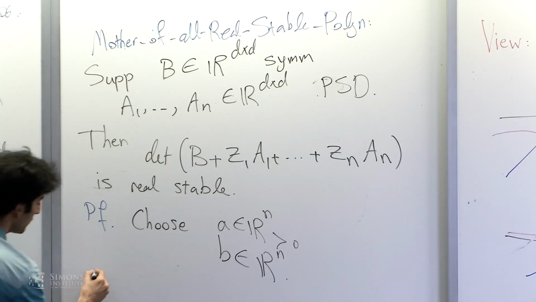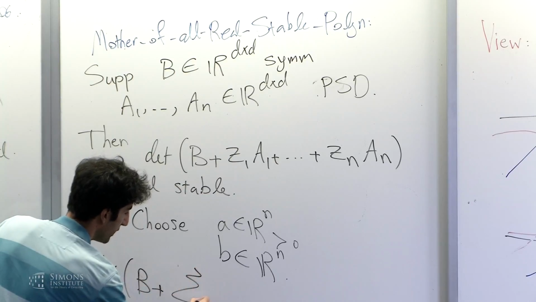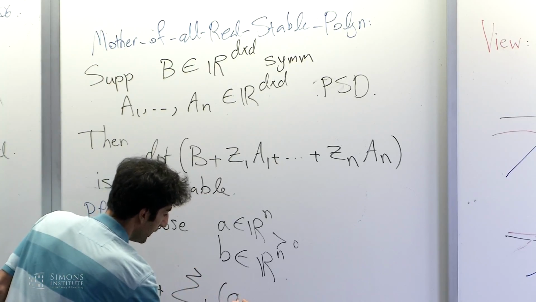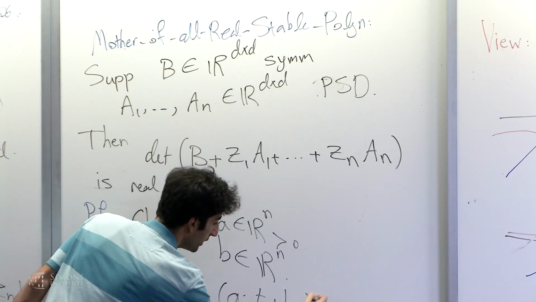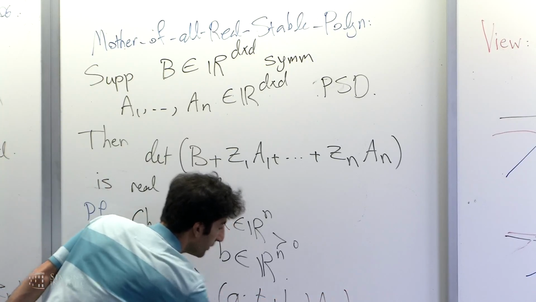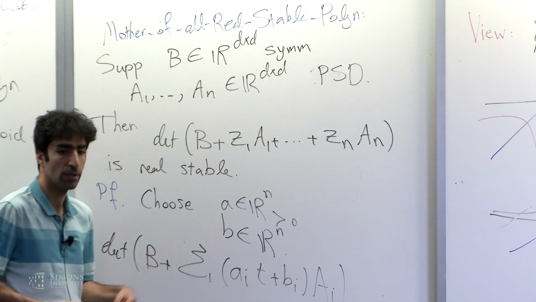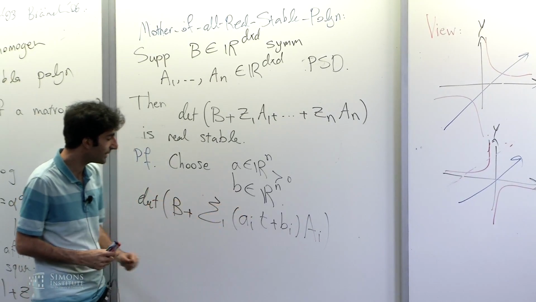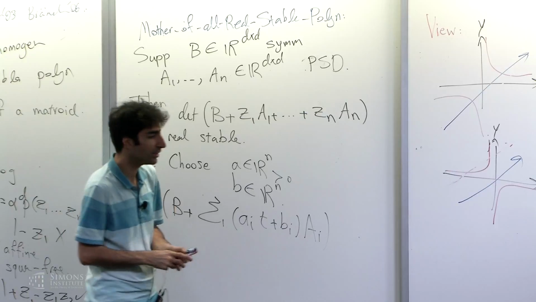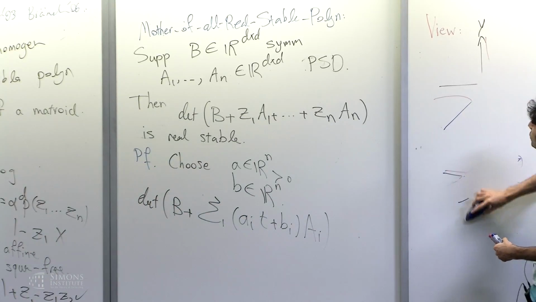Let's look at the determinant of B plus the summation of (a_i t + b_i) times A_i. Okay, so this is my polynomial. I want to say this polynomial is real rooted. And all I'm going to use eventually is that the characteristic polynomial of any symmetric matrix has only real roots. Okay?